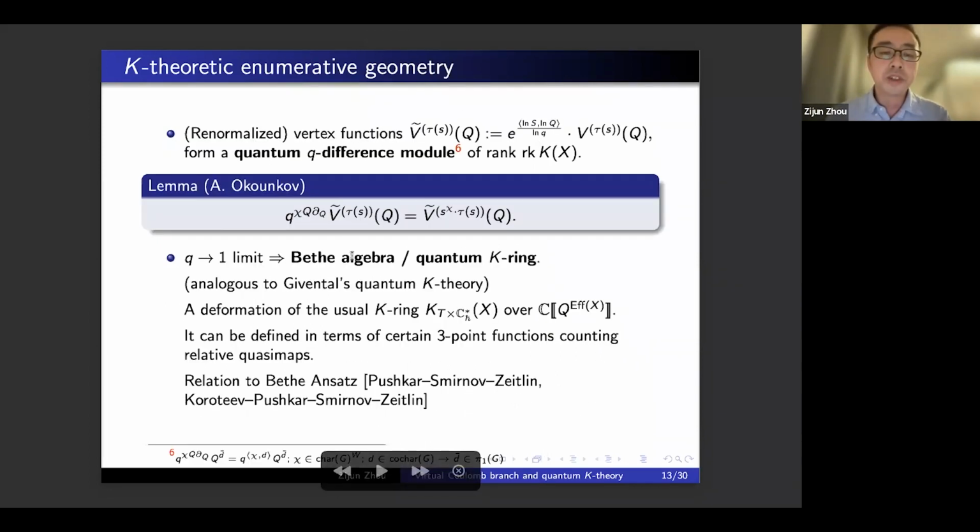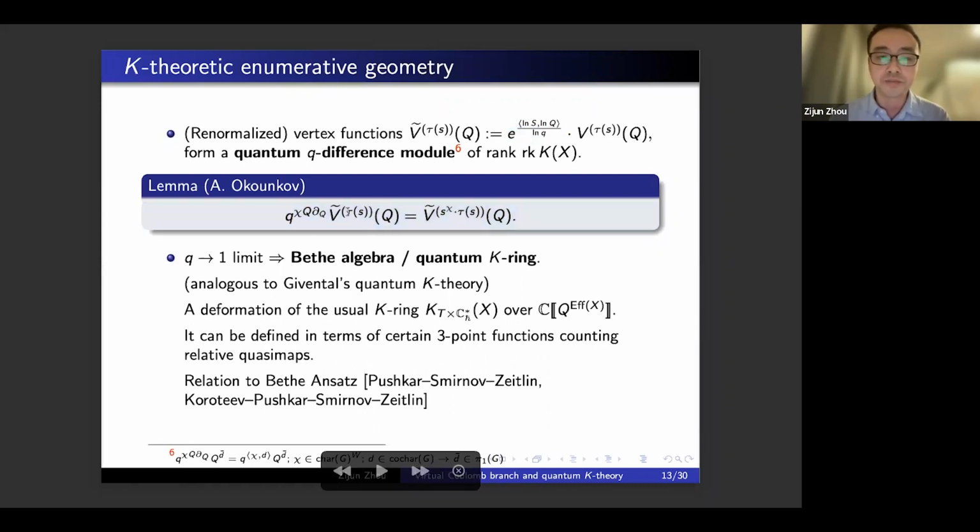So these vertex functions contain the information of the geometry of these quasimaps, and a crucial property satisfied by these vertex functions is that if you scale them by some exponential factor, then they satisfy q-difference equations.